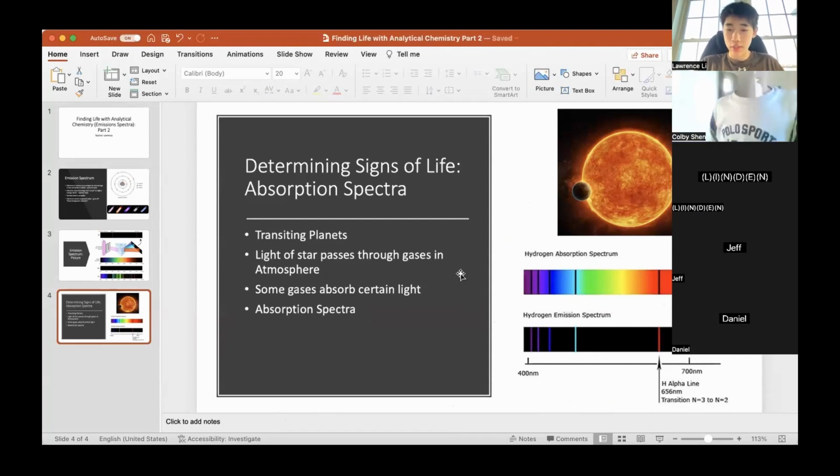This is this band right here at the very bottom, and this is our hydrogen emission spectrum. However, there's something called an absorption spectrum. Can somebody look at this absorption spectrum and this emission spectrum and tell me what they see as the difference? Can anybody spot any differences between these two?